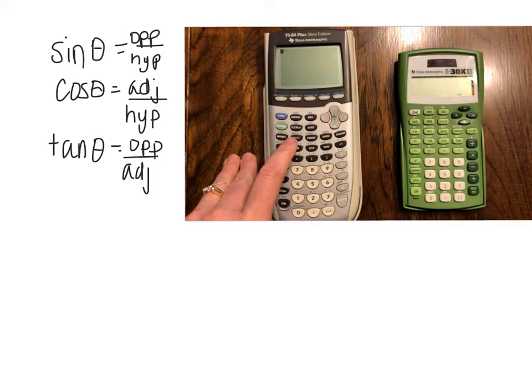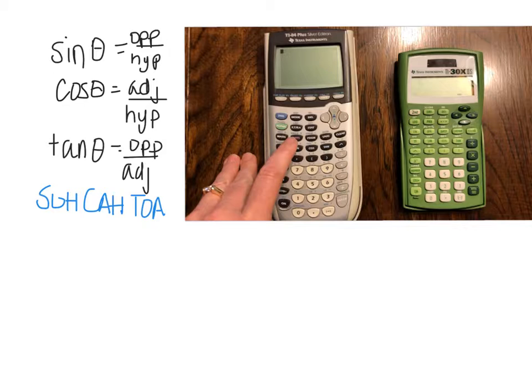Okay, so those are our three trig ratios, and what we learned yesterday is there's a nice mnemonic device that we can use that is called Sohcahtoa. So the easiest way to remember the trig ratios is by Sohcahtoa. Okay, so let's talk about Sohcahtoa.